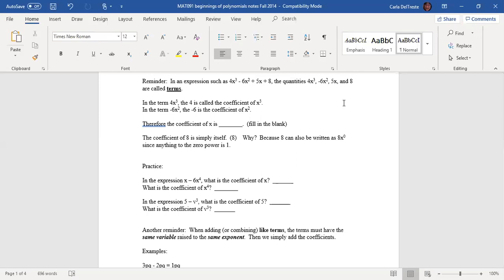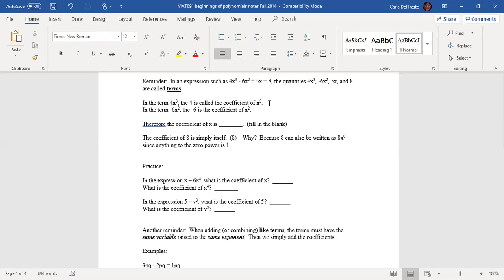So the numbers in front of the variables are called coefficients. So in the term 4x to the third, 4 is the coefficient on x to the third. And in the term negative 6x squared, negative 6 is the coefficient on x squared. So let's fill in the blank.